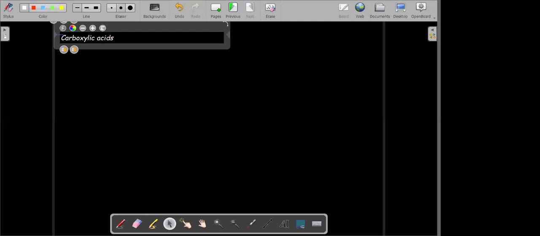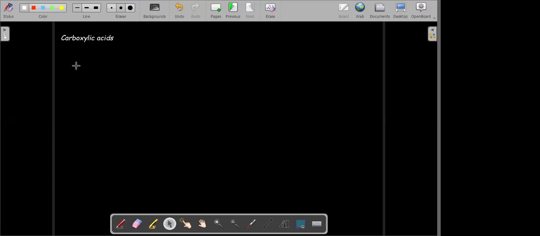See, carboxylic acids, they are weak acids, and the formula for them is like this: C double bond O, and here instead of H, they have OH. So you can see that it's a combination of something like aldehyde and alcohols. In short, they are written like this: COOH. Remember, while naming, this carbon is also counted. The carbon of the functional group is also counted.